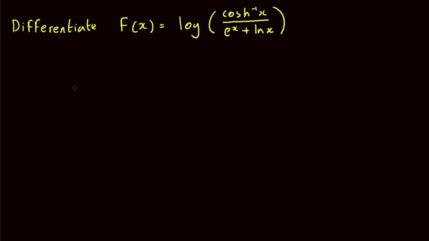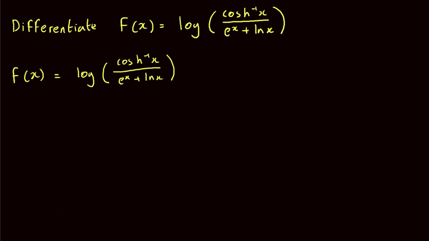Okay, I assume that you guys already paused and gave this question a try. So of course we have f(x) equal to the logarithm of the cosine hyperbolic inverse x over e to the power of x plus ln x. What you're going to do is obviously use the chain rule.